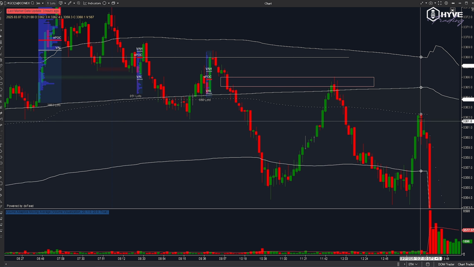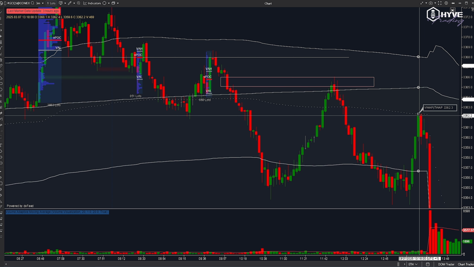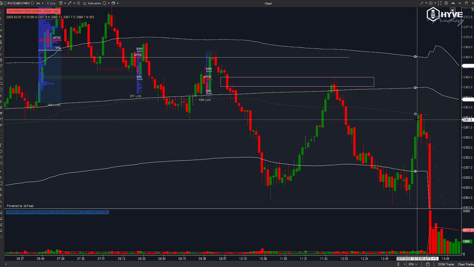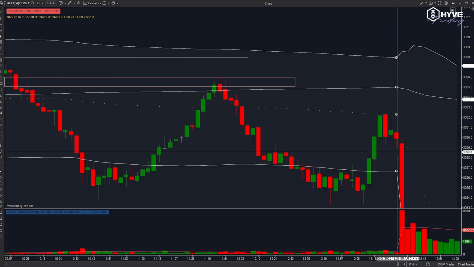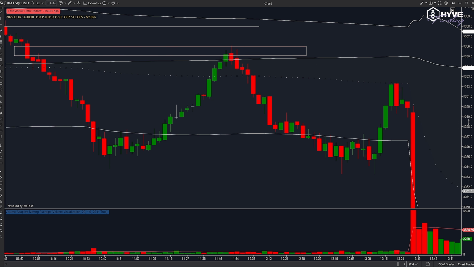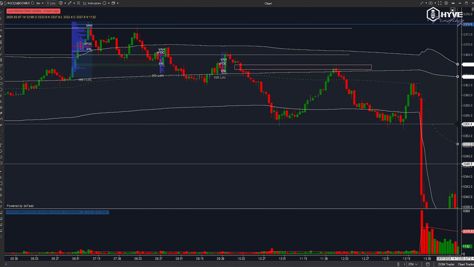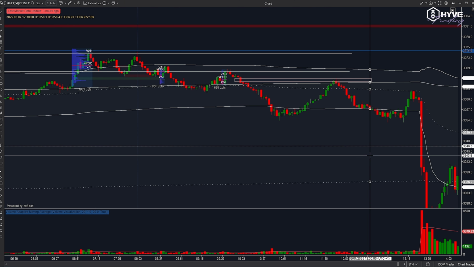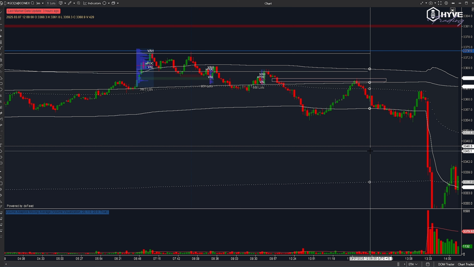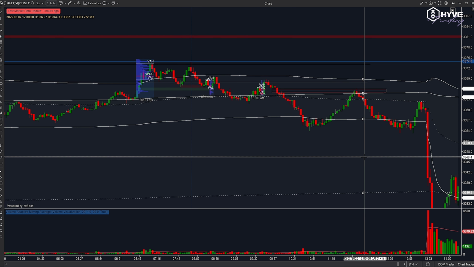So this time around, look what happened. They couldn't even get past above the daily VWAP. And what did we see when the news came out? A massive sell-off. Massive sell-off. And essentially, that's how I used VWAP, volume, and value to trade gold, right?